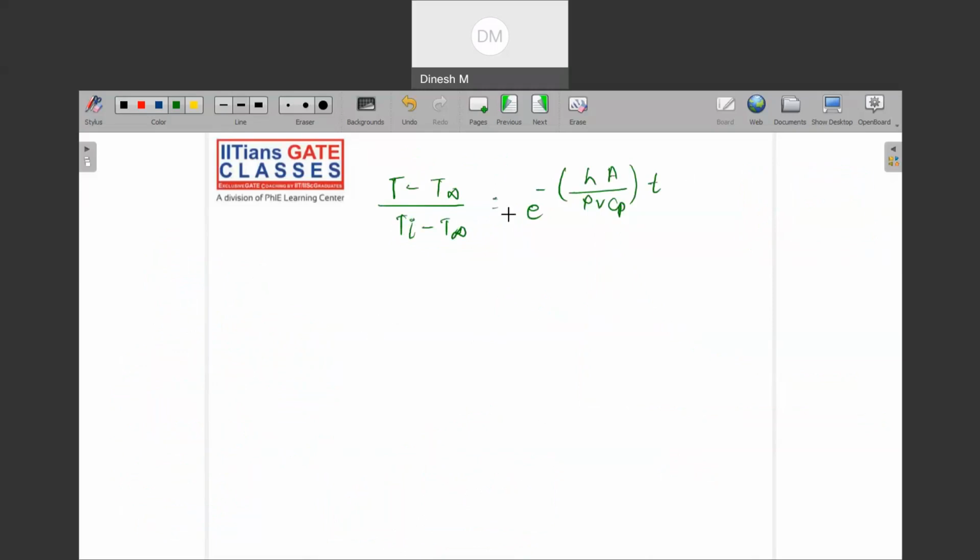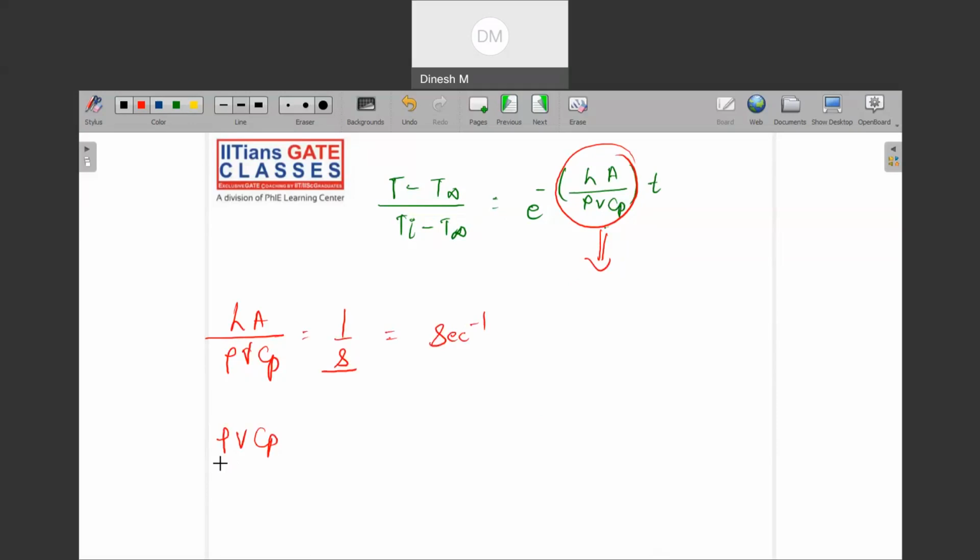What is the unit of this whole term, hA by rho V Cp? It must have the unit of 1 upon second, then only 1 upon second into second will get neutralized, right? So the unit is second inverse.